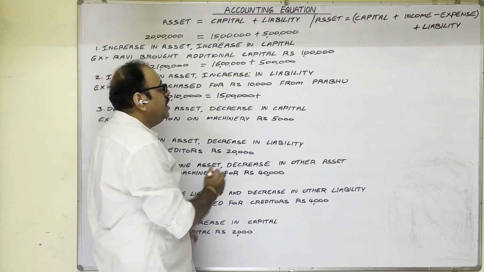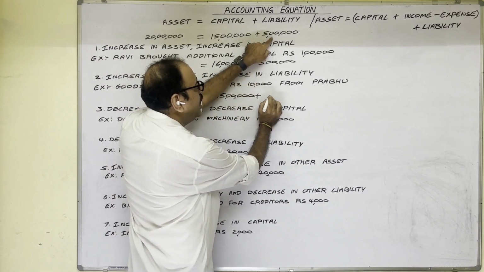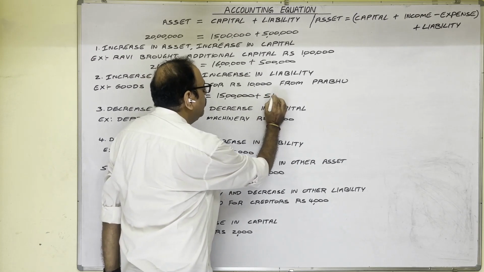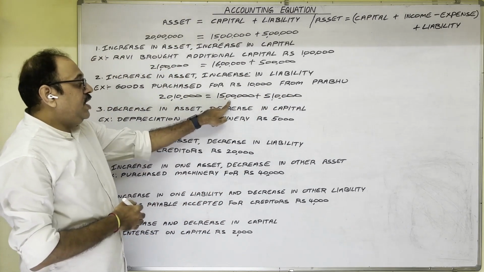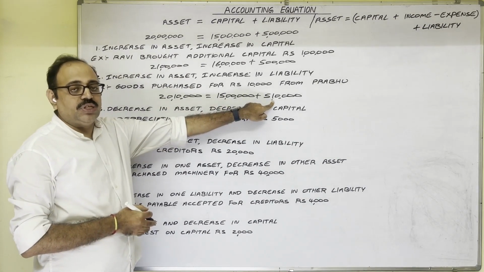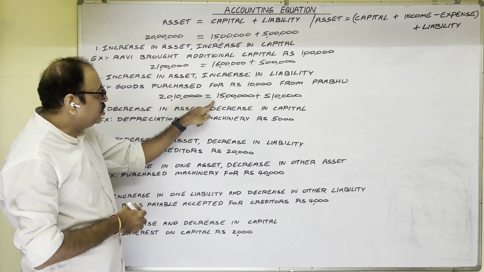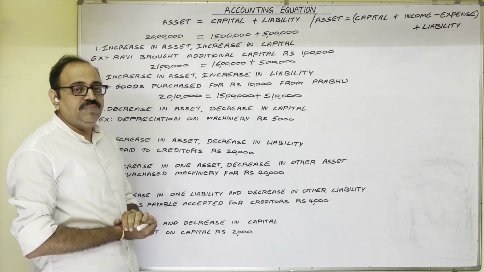So liability value is increased by 10,000 rupees. Previously liability value 5 lakh plus 10,000, total becomes 5 lakh 10,000. Now 15 lakh plus 5 lakh 10,000 is equal to 20 lakh 10,000. So here also the accounting equation is true. Asset is equal to equity.